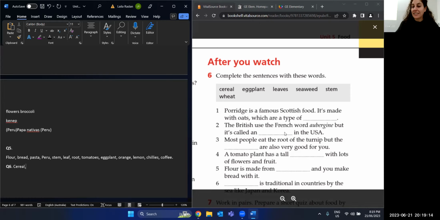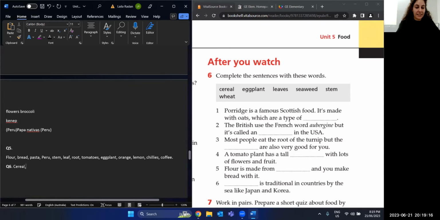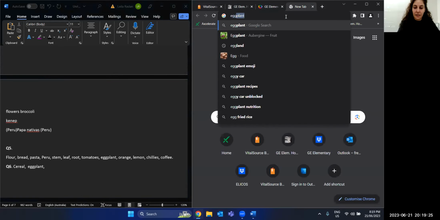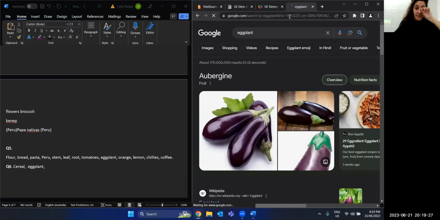An eggplant. Yes, so eggplant is number 2. Remember the purple fruit? Yeah, this one. Eggplant. So the British call it aubergine, but in the USA and Australia, we call it eggplant.